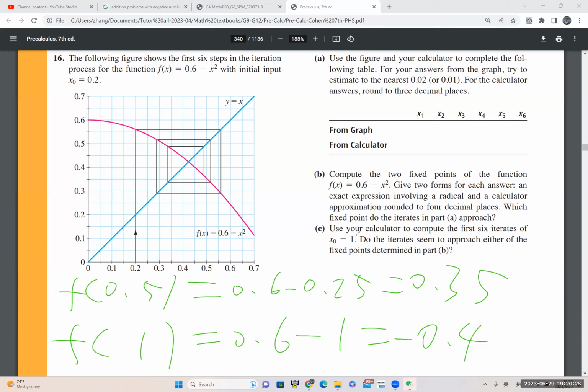Okay, let's say part C. You can compute the first 6 iterates. That means you can start from different x0, right? The same to approach either of the fixed points.